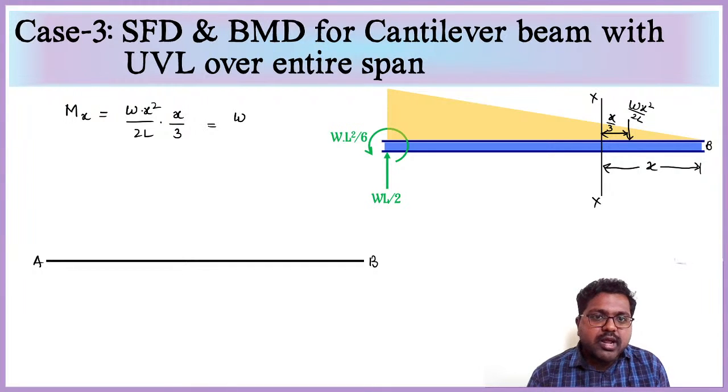So it will be equal to Wx cube by 6L. So this is the equation in terms of power 3, which will give the shape of a cubic parabola.